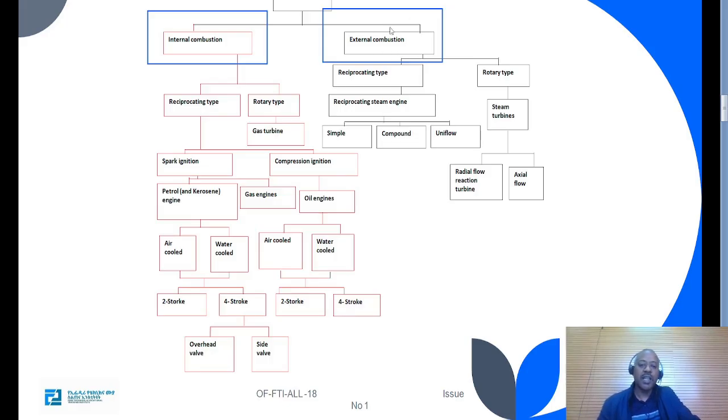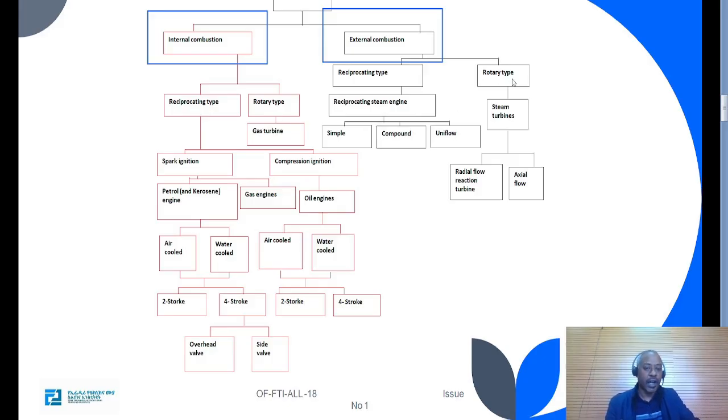Let's come to the external combustion. The external combustion engine is sub-classified into reciprocating type and rotary type. Under the reciprocating type, we have the reciprocating steam engine, and this reciprocating steam engine can be simple, compound, or uniflow.